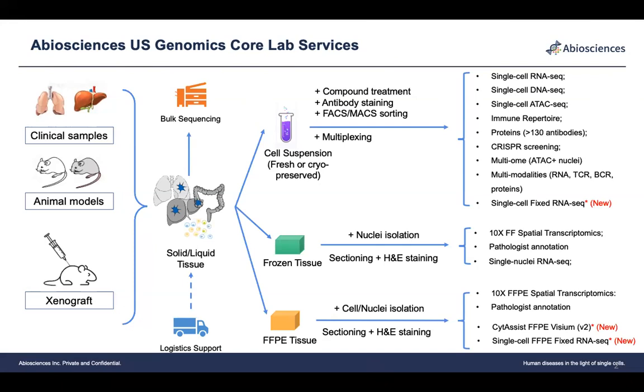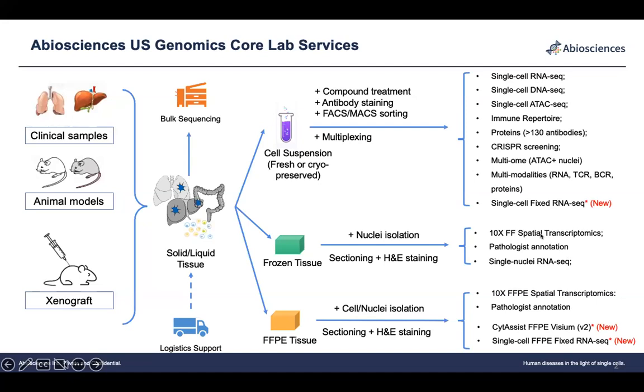From frozen tissue, we can isolate nuclei and do the single nuclear RNA-seq. And we can also perform the 10x fresh frozen spatial transcriptomics. By combining these two, we can utilize the single nuclear data to deconvolute the fresh frozen spatial spots.